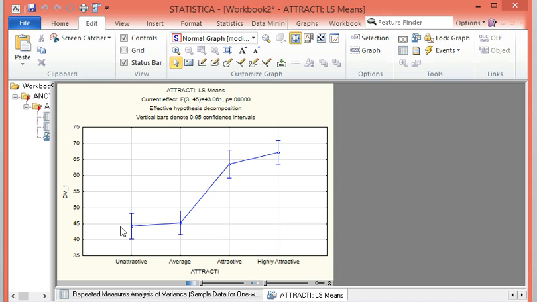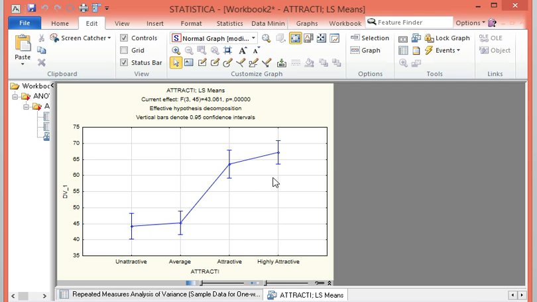So we now know that among these 4 means there is a significant difference. But the question is, which means are actually significantly different? Is it between the unattractive and the average, average and attractive, attractive and highly attractive, unattractive and attractive, and so forth?